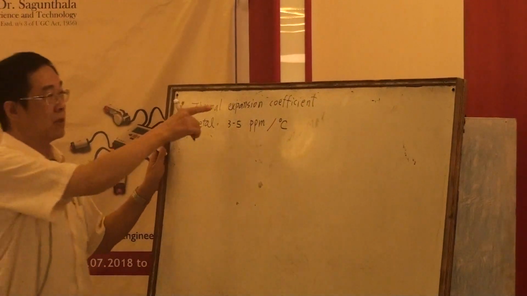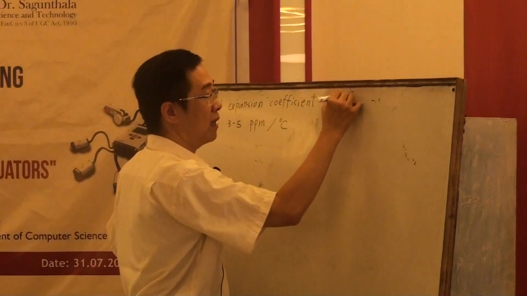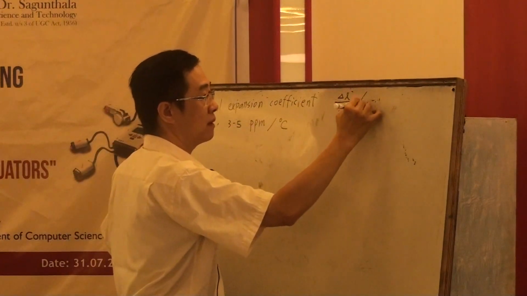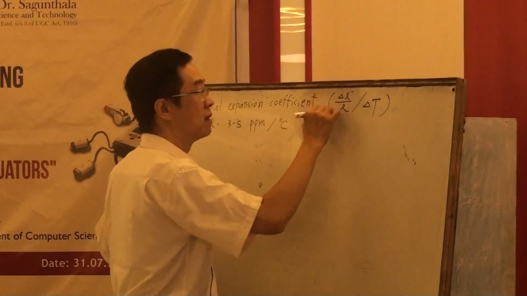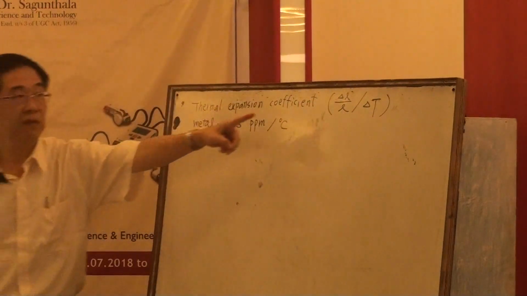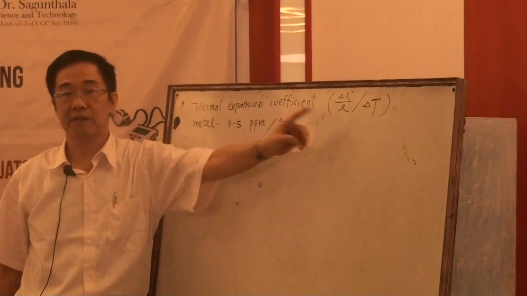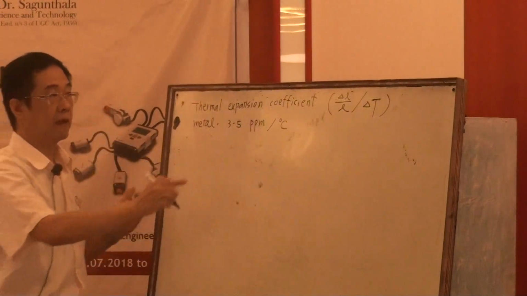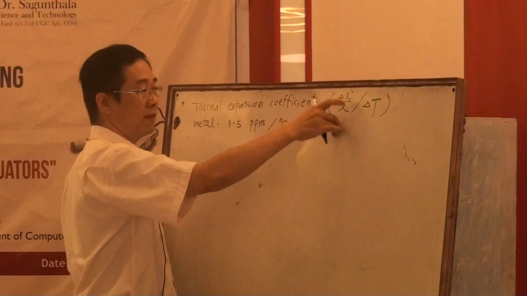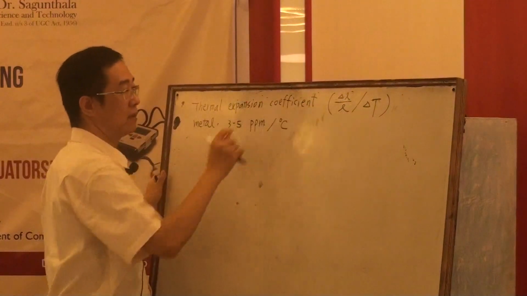The thermal expansion coefficient is delta L over L per degree T. For a 1 degree C change, what percentage of your total length changes?